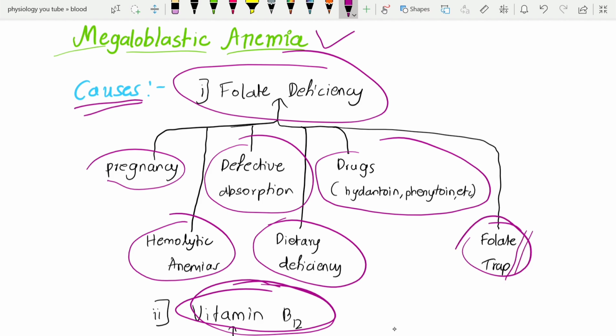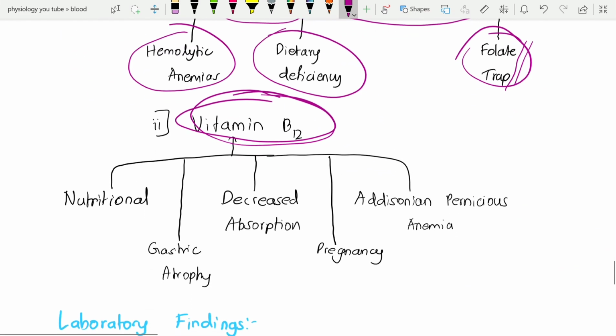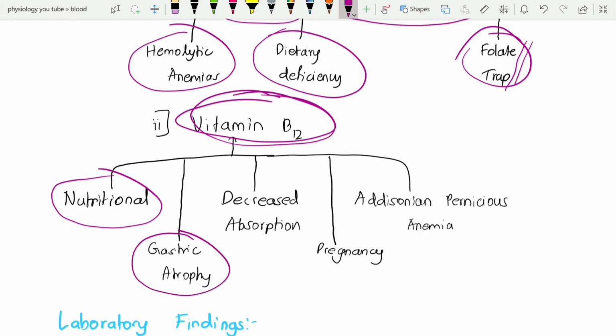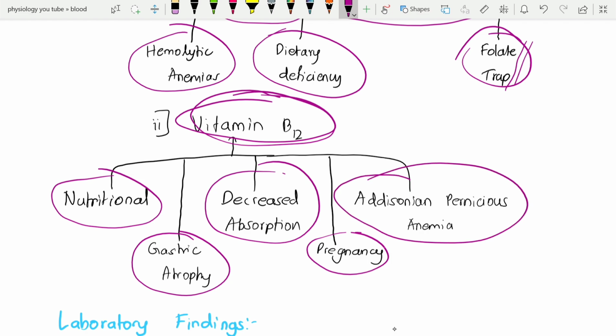We will study this in biochemistry. Vitamin B12 deficiency may be caused by nutritional deficiency, gastric atrophy, decreased absorption, pregnancy, and Addisonian pernicious anemia.